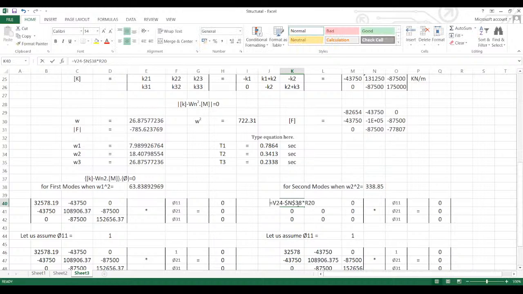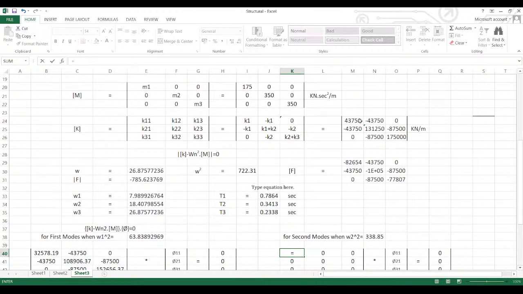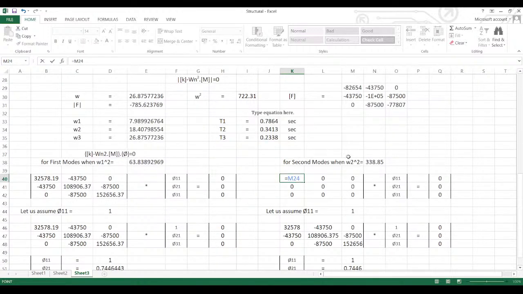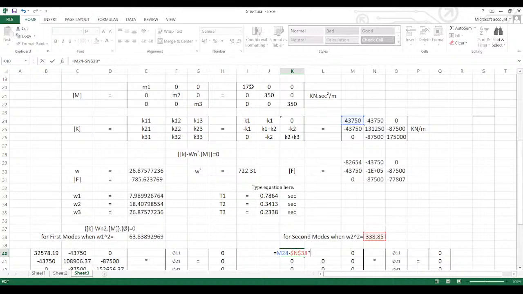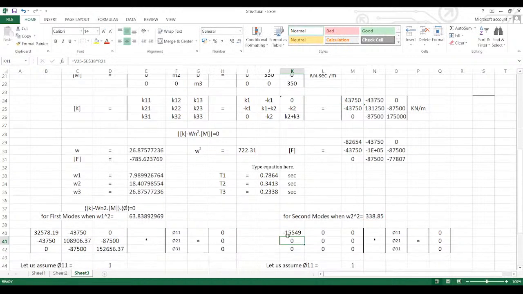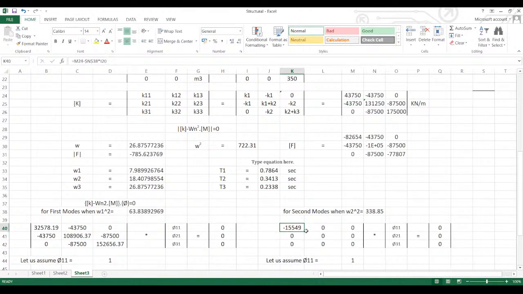All right, is equal to k matrix minus omega square, dollar sign, omega square into m is equal to this value.